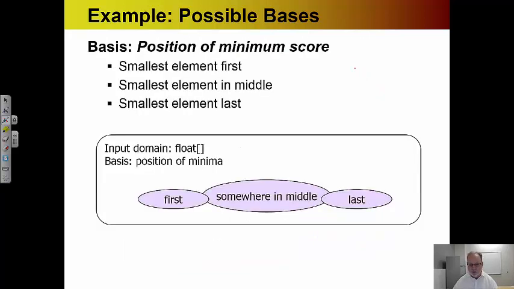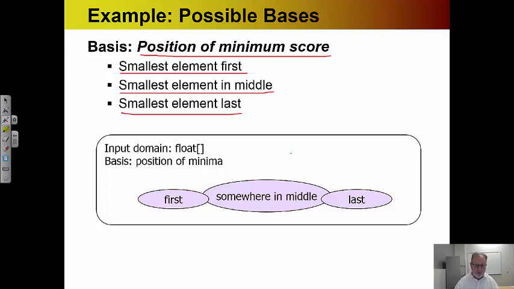One aspect would be to consider where the minimum score is in the array. Is the smallest element first? We put the min right in the very first element. Is the smallest element the very last element? Is the smallest element somewhere in the middle? These kinds of partitions, which really should be mutually exclusive again.